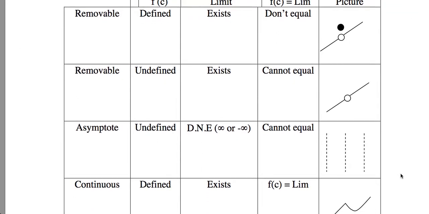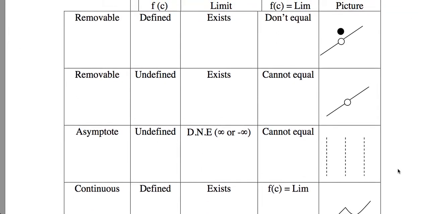This basically goes through the different scenarios of what happens. So in our scenario, we have an undefined f of c, and you will see that if you take the limit of one of them, it does not exist. You'll get infinity or negative infinity, and they cannot equal, and it will be a vertical asymptote. This asymptote should also say non-removable discontinuity.